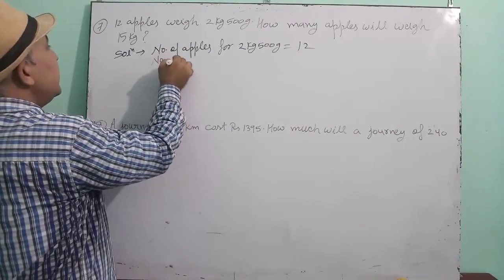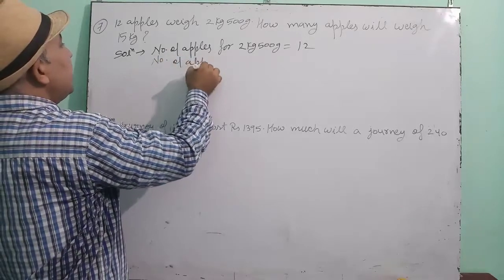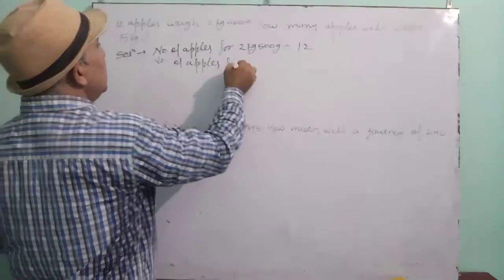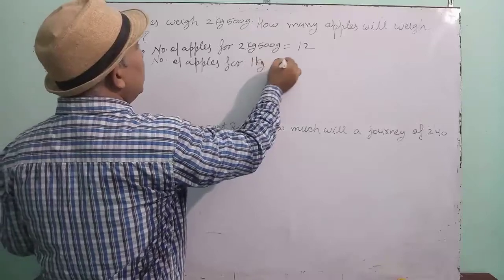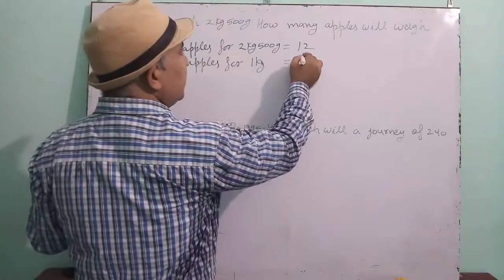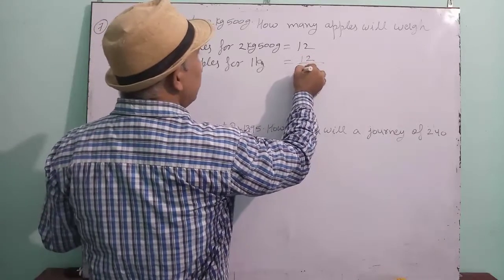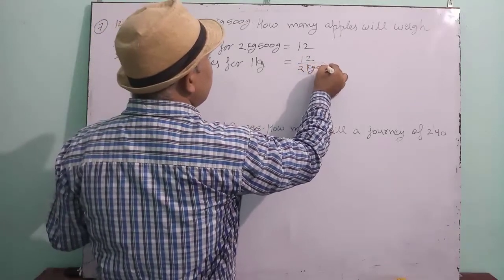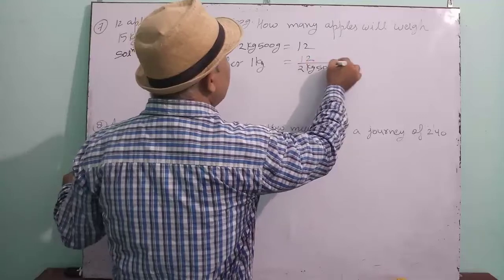So first find out number of apples for 1 kg. Definitely for 1 kg there will be fewer apples, means 12 upon 2 kg 500 gram.